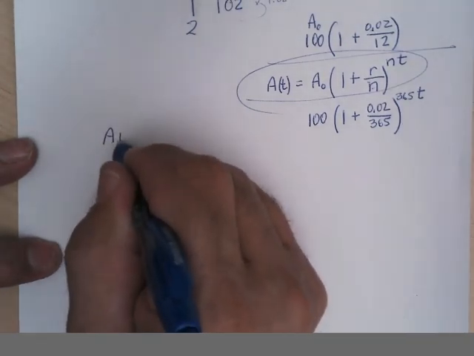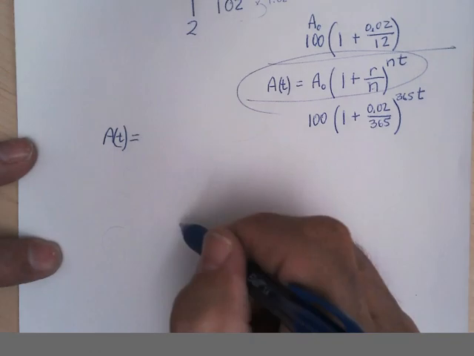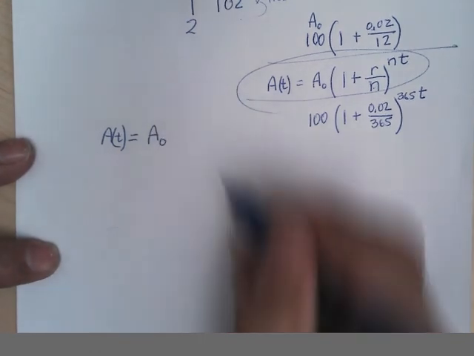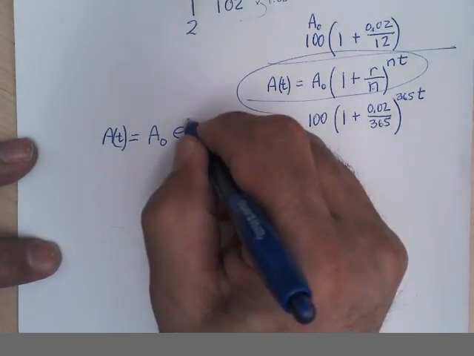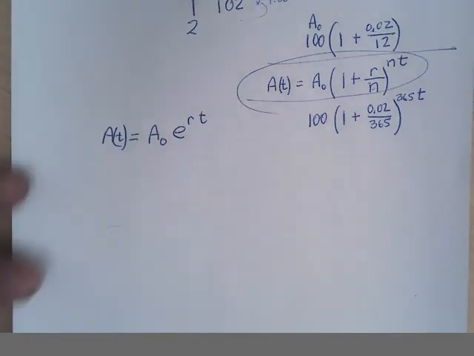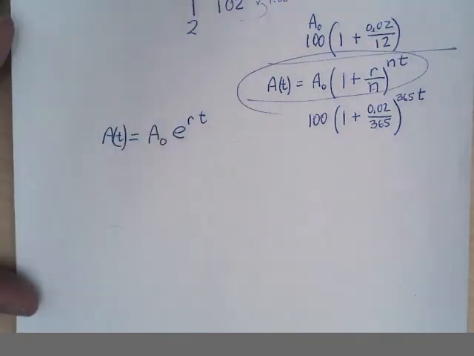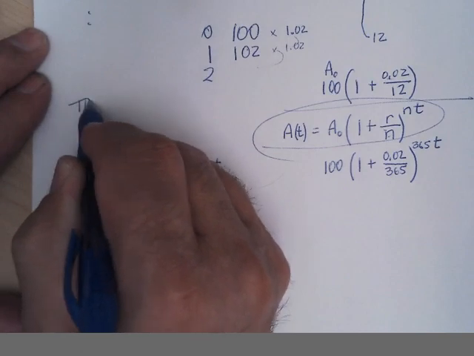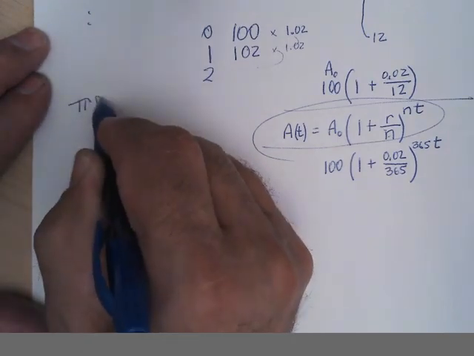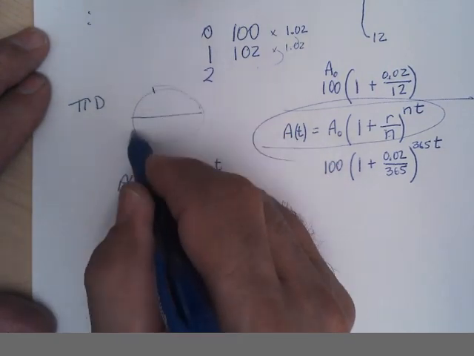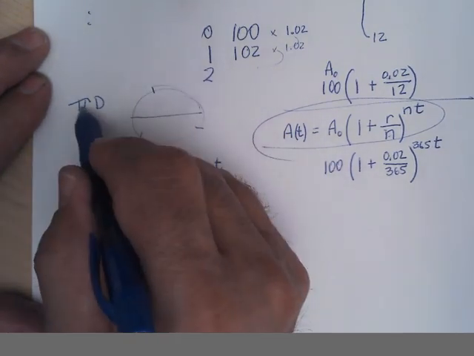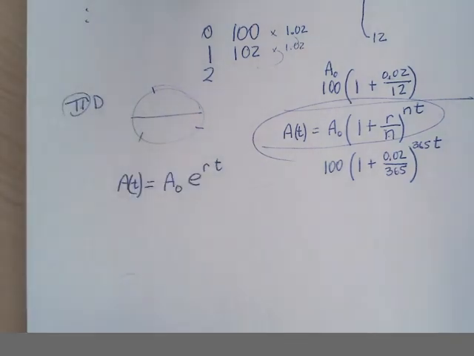It's the amount after some time equals the starting amount, same thing, times this crazy number e to the rt. r is the interest rate. Now, e, what the heck is it? You know pi is the number of times a diameter of a circle fits on the circle, 1, 2, 3 point 1 4. Pi is not just 3.14, it's 3.14159, and so on.